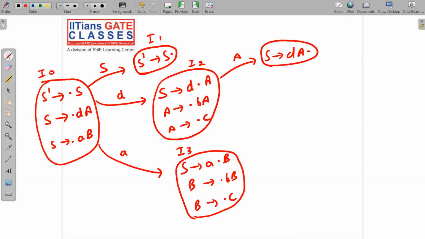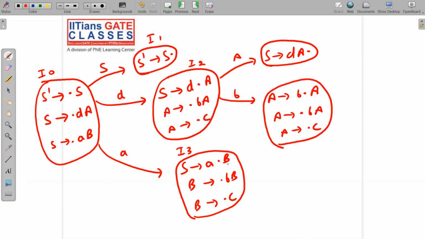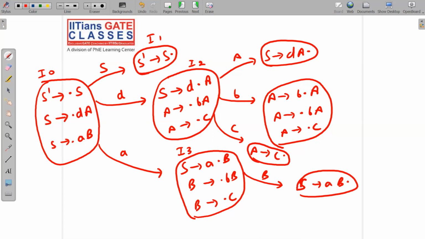Now after reading small b, A implies B dot A. Since dot is present in beginning of A, I will add all the A productions with dot in the beginning: A goes to dot BA, A goes to dot C. From here after reading small c, we will go to A goes to C dot, which is a final item. Now after reading capital B, we will go to S goes to AB dot, which is our final item.